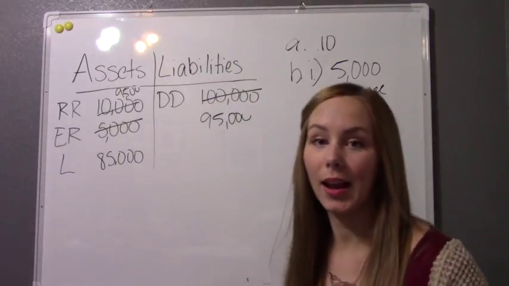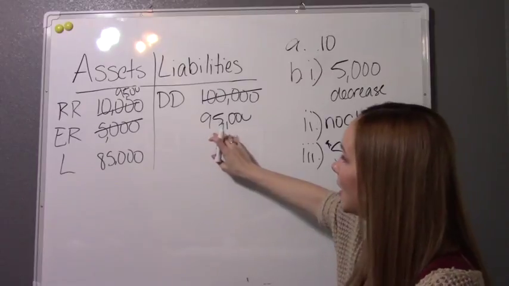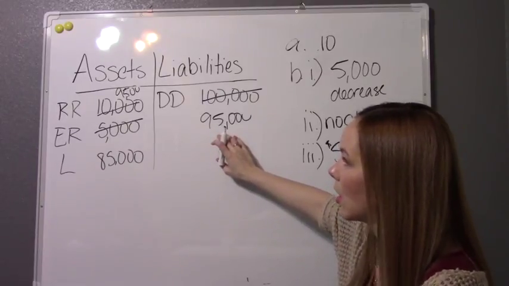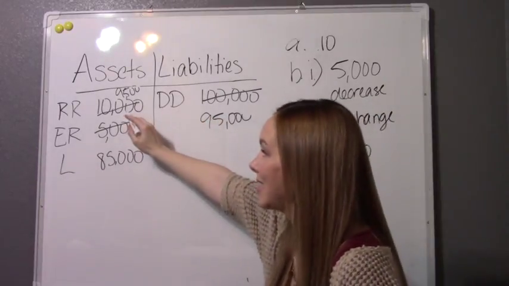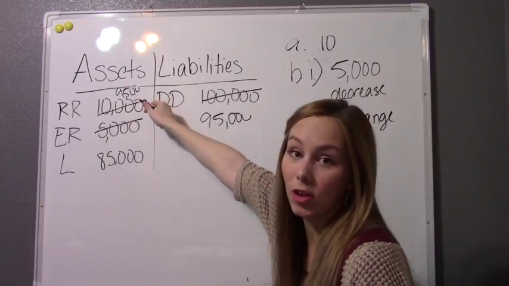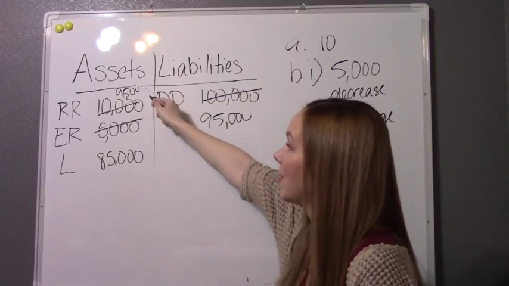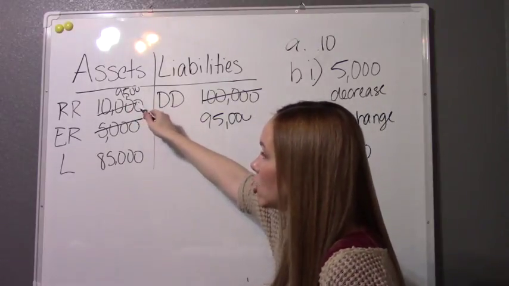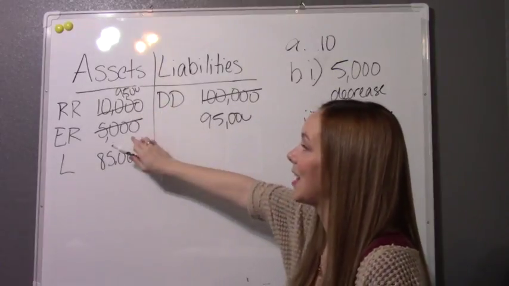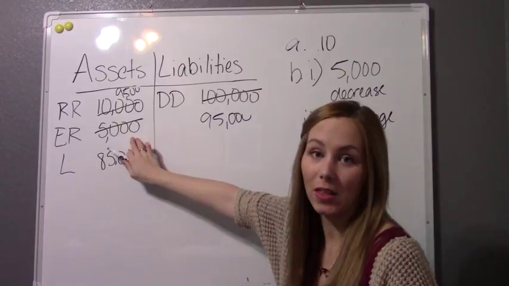Let me walk you through again how we got that. Demand deposits decreased by $5,000, so we only had $95,000 in demand deposits, which meant we no longer needed $10,000 in required reserves. We only needed $9,500. But we still had that extra $500 in cash. It was now classified as excess reserves because it wasn't required to be in the bank. It was just extra money the bank had.